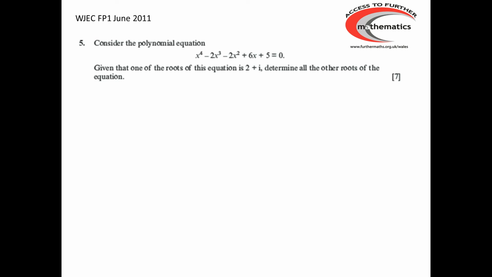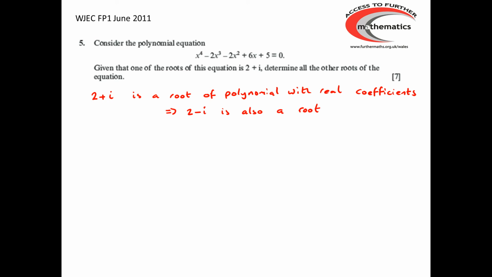Well, the polynomial that we're considering is a polynomial with real coefficients. So the fact that we've got 2 plus i, a complex root of this polynomial, means that we must also have 2 minus i as a root of the polynomial.